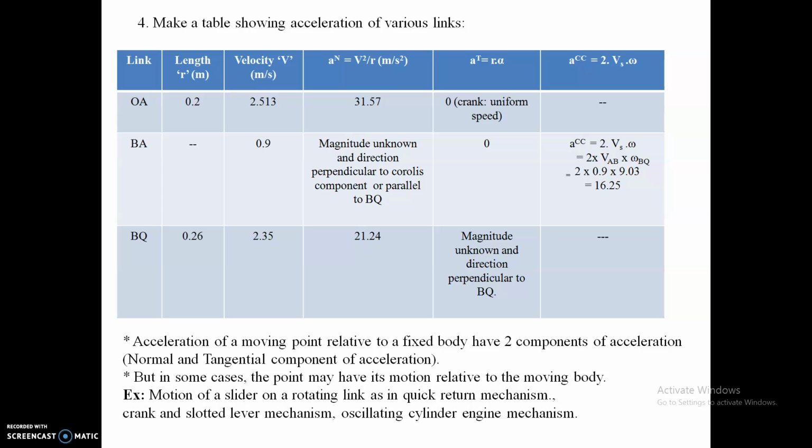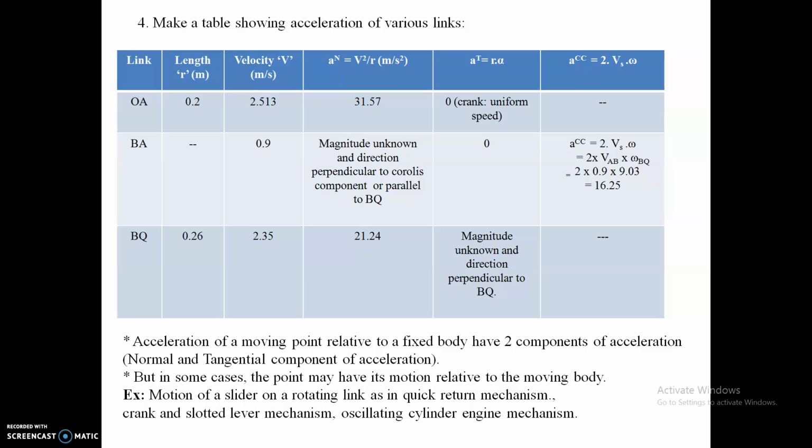So how to determine the magnitude of the Coriolis component? We have the formula: 2 times the sliding velocity times omega, that is the angular velocity of the link on which the slider is sliding. Using that formula, you can easily determine it from the sliding velocity in the velocity polygon, and omega.